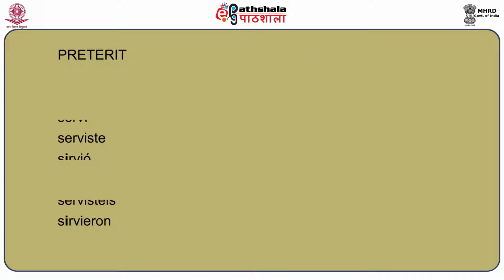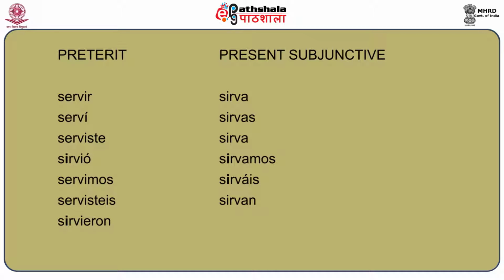Let us take the example of the verb servir. In the preterite form, the conjugations are yo serví, tú serviste, él, ella, usted sirvió, nosotros servimos, vosotros servisteis, ellos, ellas, ustedes sirvieron.